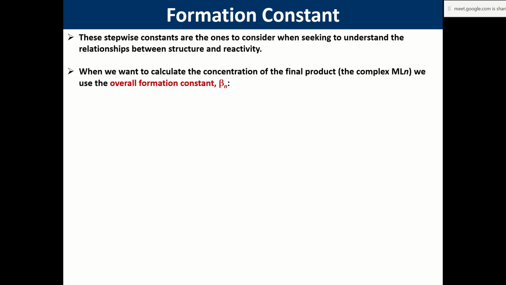Okay. So this is important. The stepwise formation constant tells you about the relationship between structure and reactivity. Besides the strength of the bonds, they also tell you about the structure and reactivity with respect to water as a ligand, compared with the new ligand that is coming in.